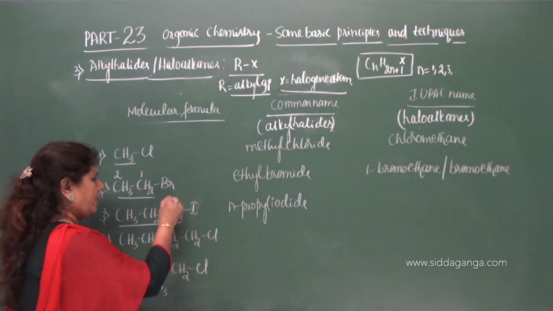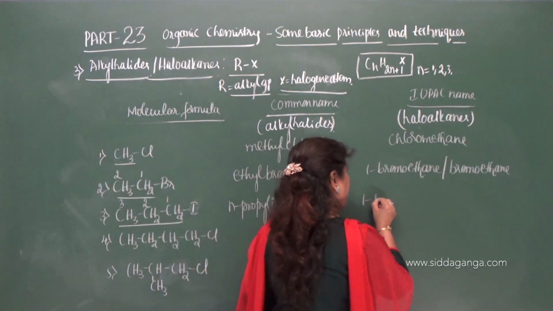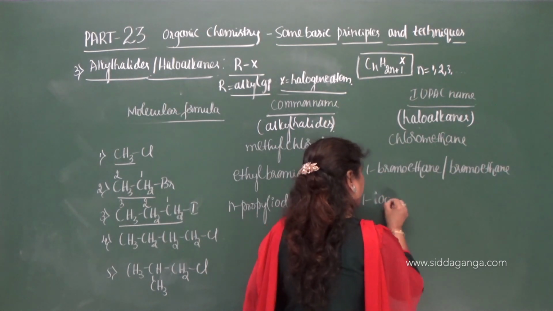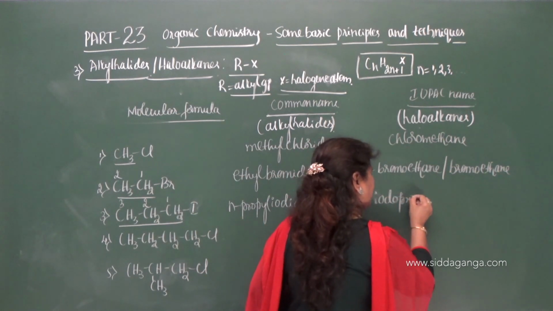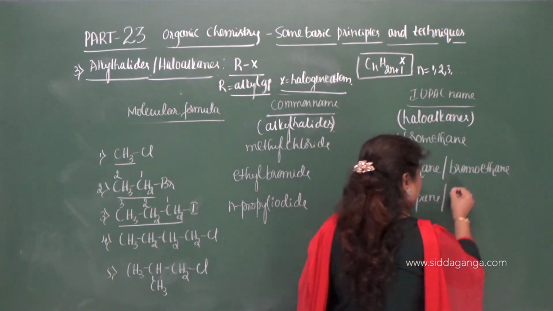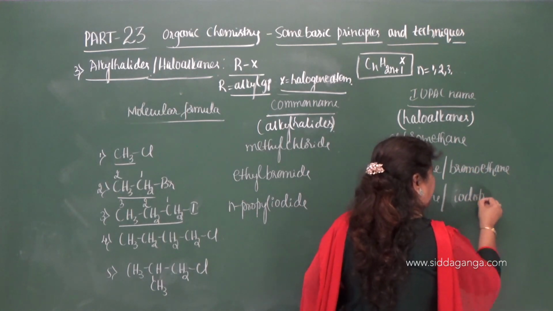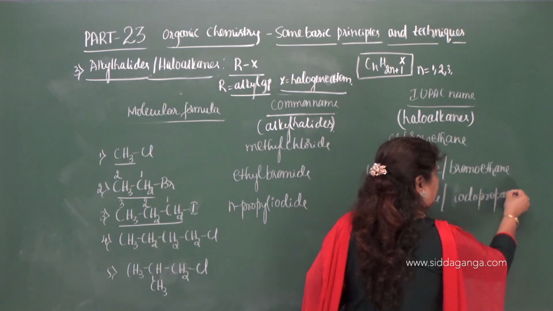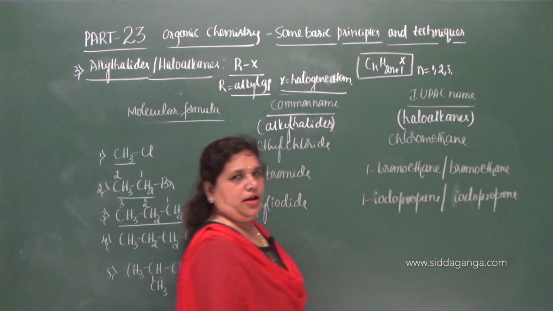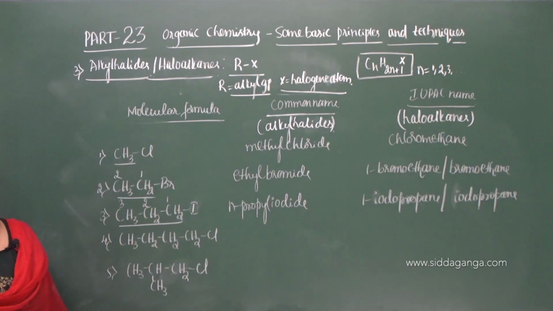And what is the IUPAC name? 1-iodopropane is the IUPAC name, or iodopropane. So 1-iodopropane or iodopropane is the IUPAC name. So n-propyl iodide is the common name.